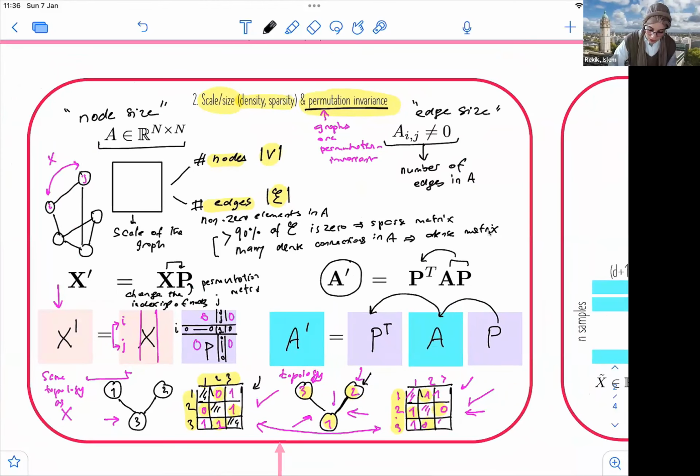If you're working on images, you cannot flip or permute 2 pixels and still get the same image. If you apply a permutation there, you're going to have a puzzle, right? Permutations do not apply to images, but they do apply to graphs, which is a really nice property to have.